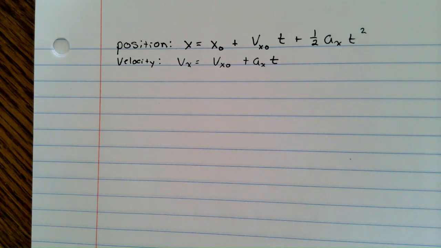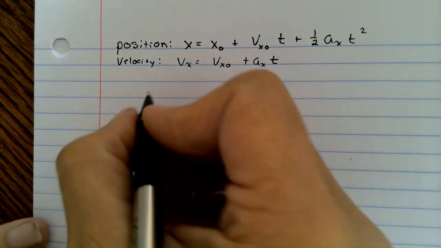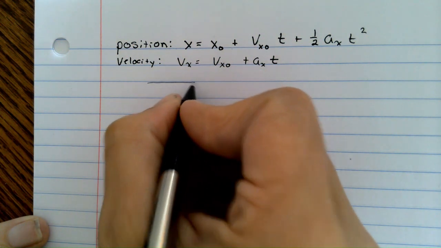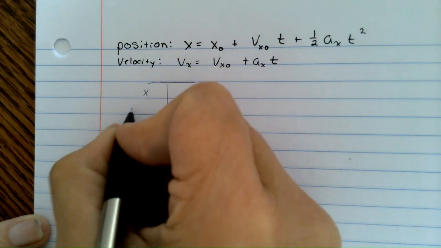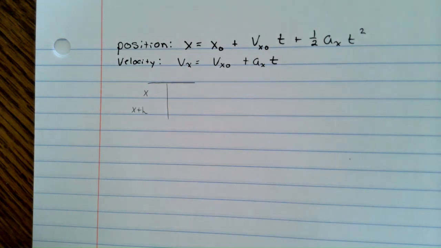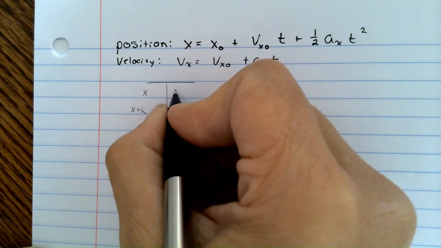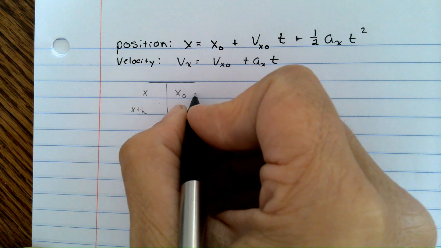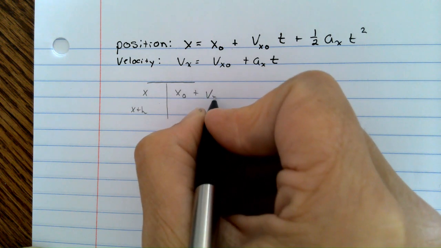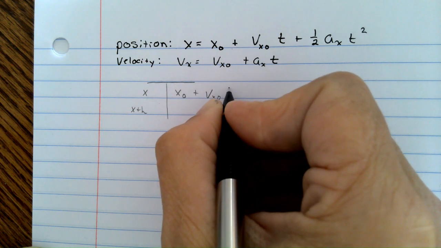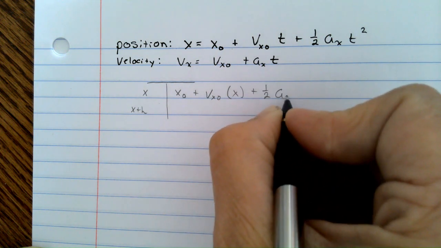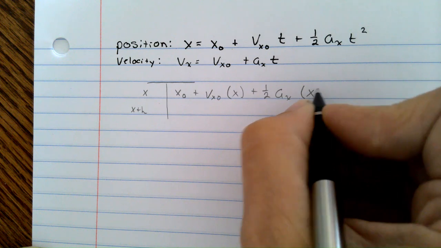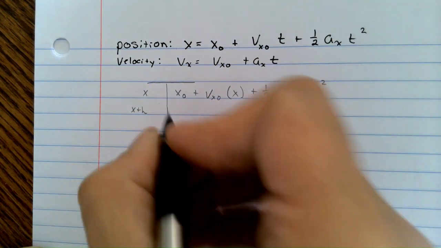So I'm going to go ahead and make a t-chart first, okay? I will have x, and I will have x plus h. So this is x sub 0 plus v sub x0 x plus 1/2 a sub x x squared.